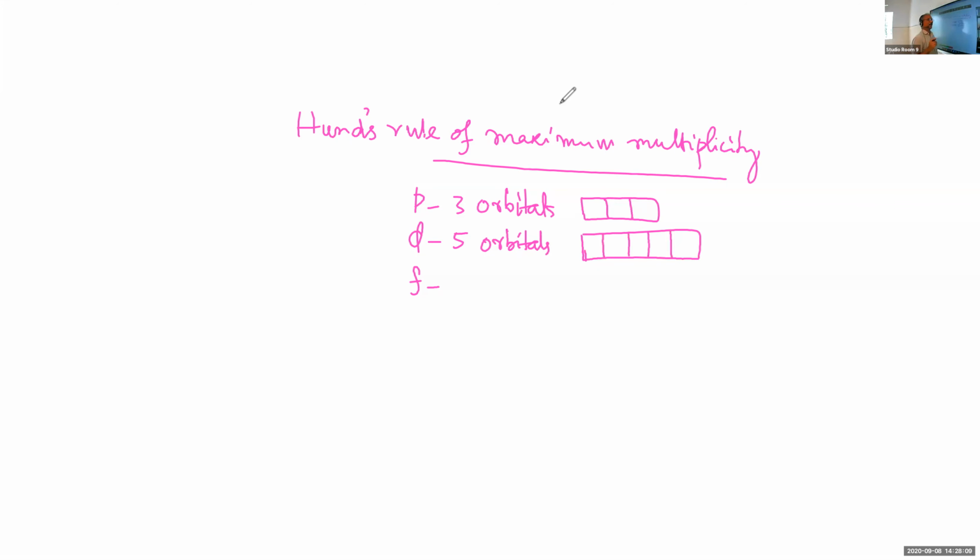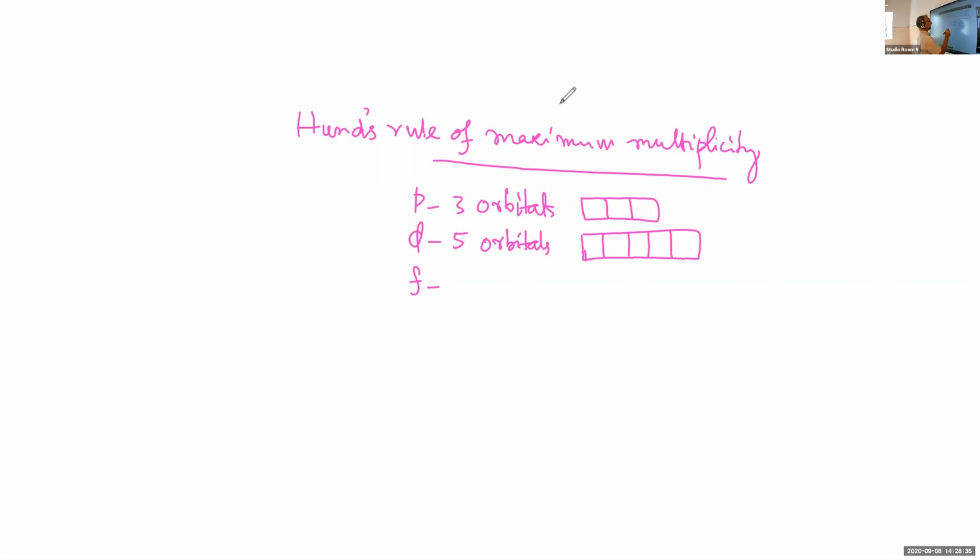And these are dxy, dxz, dyz, dx square minus y square, and dz square. This is called the box type diagram of orbitals. This is not the shape. The orbitals are shown by means of boxes.